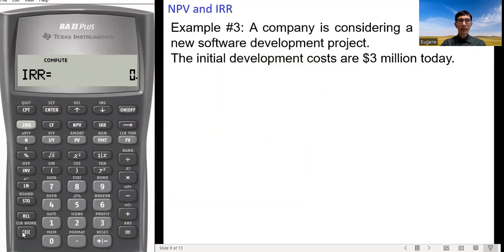Let's take a look at the next example. A company is considering a new software development project. The initial development costs are $3 million today.